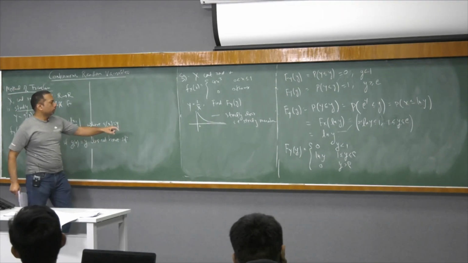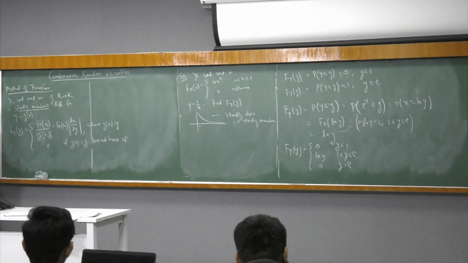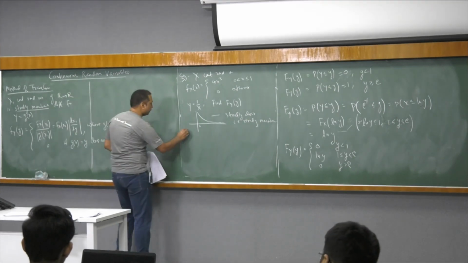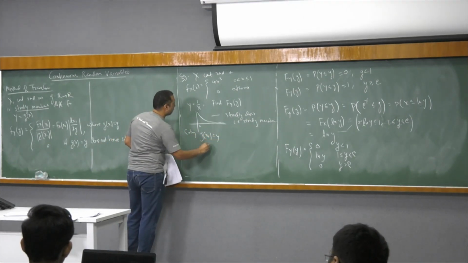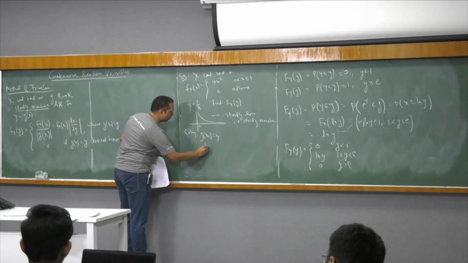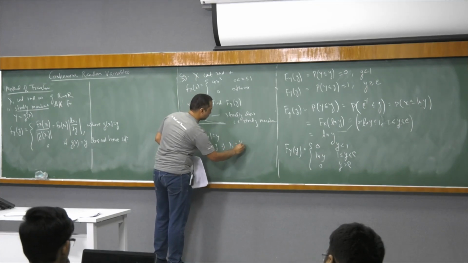So x1 must be 1 over y, right? Then 1 over y becomes y. So solving g of x1 equals y, 1 over x1 is y. This implies x1 is 1 over y.